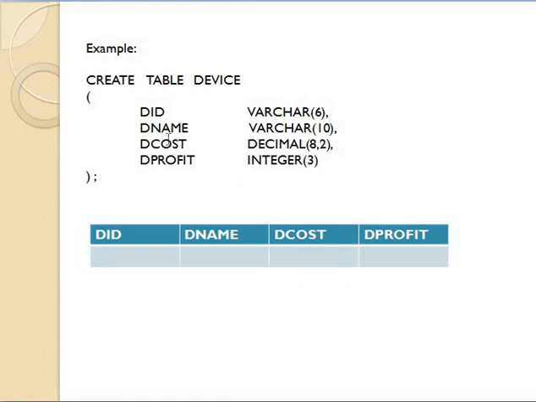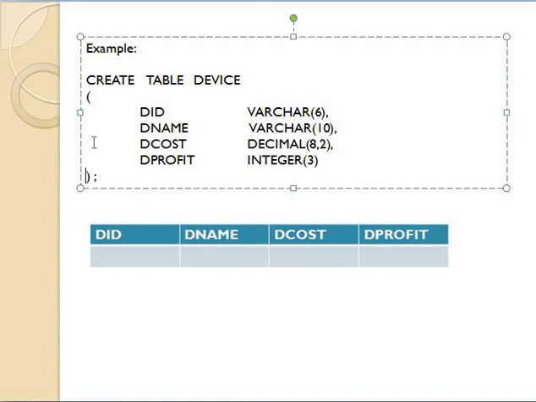Now just after you have added the columns for a table, at the end you close this table with a closing brace. That is, you close the body of the table with a closing brace and end it with a semicolon like this. Now this command creates the following table as shown in this figure, and initially this table will contain no data.